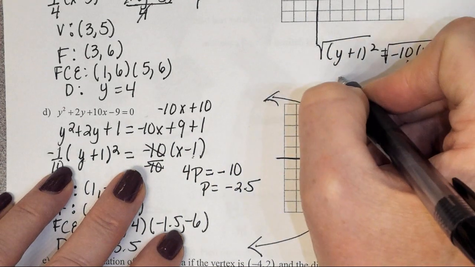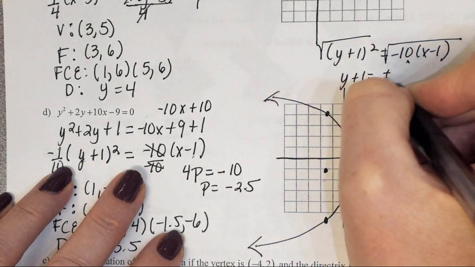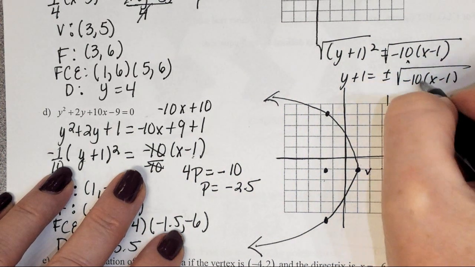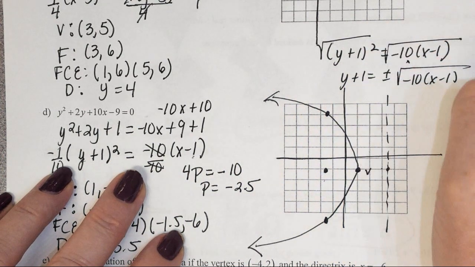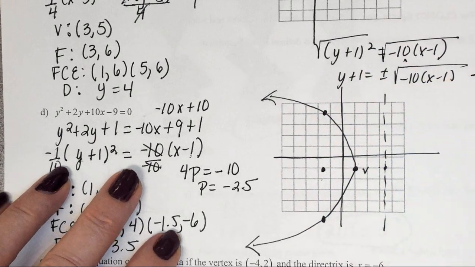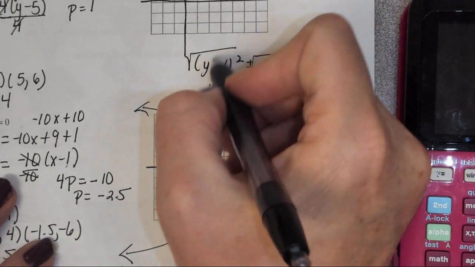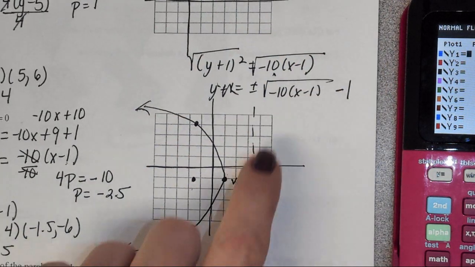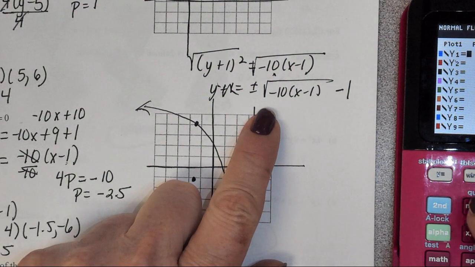I just wanted to put it into the calculator to show you how to graph it. Let's see what happens. I think that negative 10 might be an issue. And then I would subtract 1. Can you see why it would end up being that if I solved it for y? I'm just curious how it would handle that.